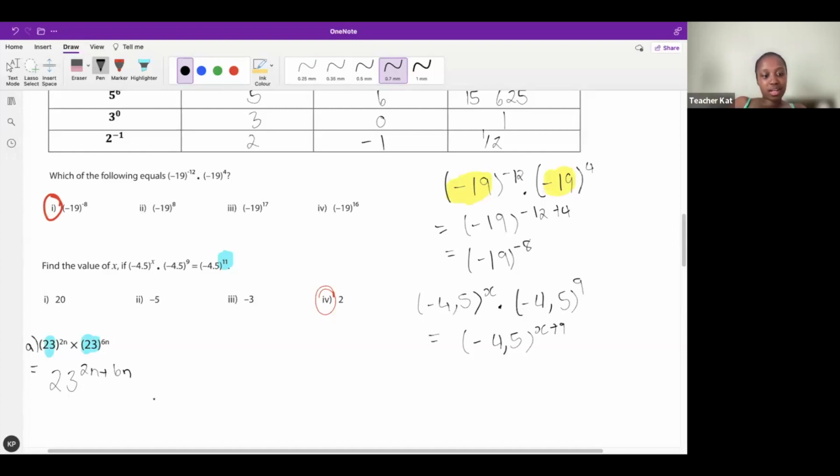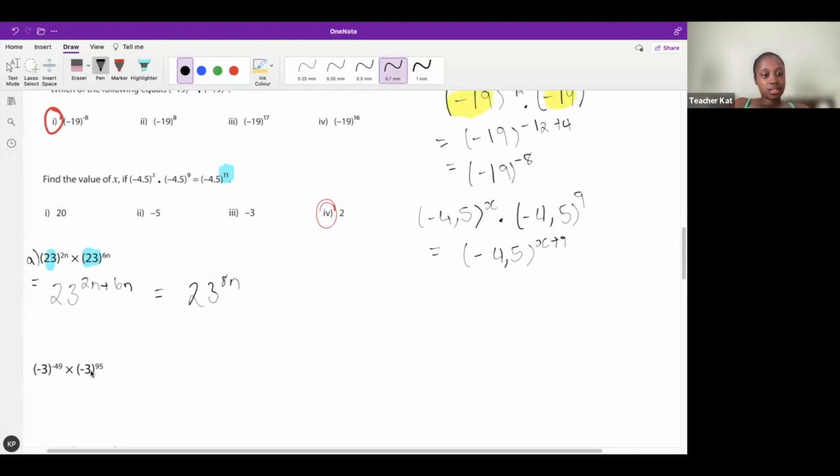Can we simplify that answer? Is it possible to simplify that answer? We have 23 to the power of 2n plus 6n. Nice, Mene. We can simplify it because they are like terms. So then it will be 23 to the power of, I was about to write 2n again, 8n.